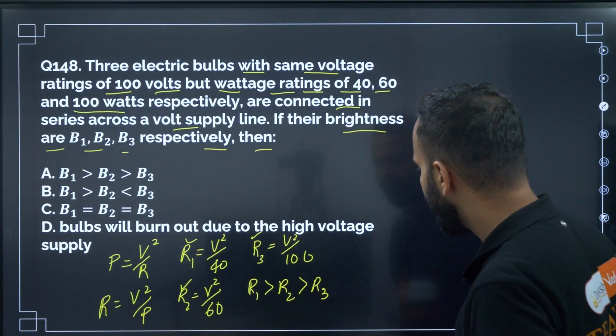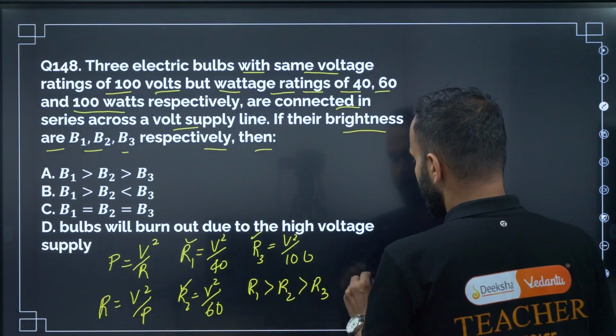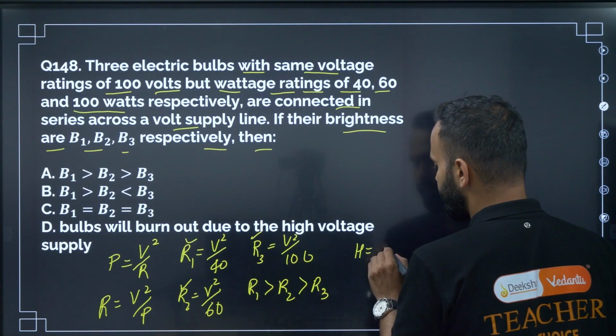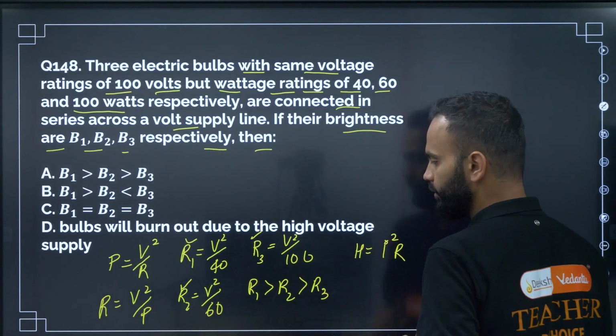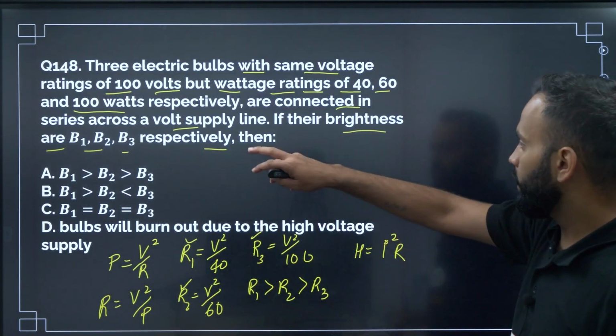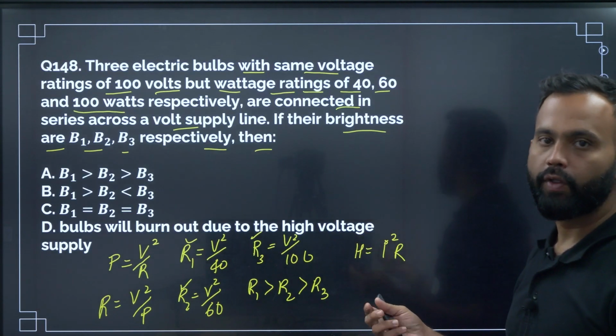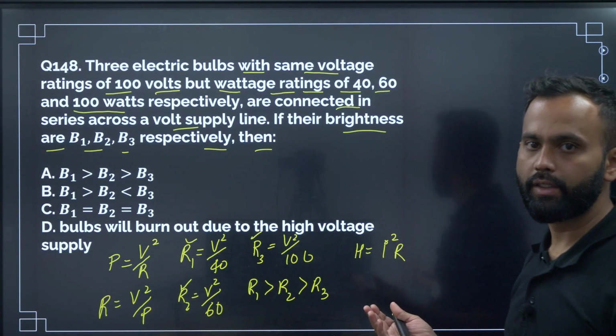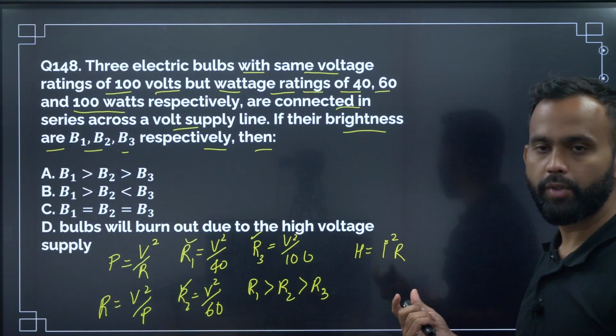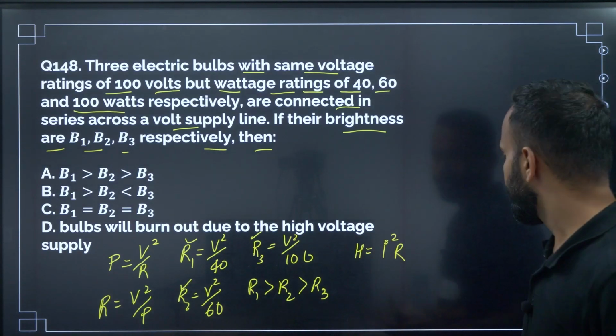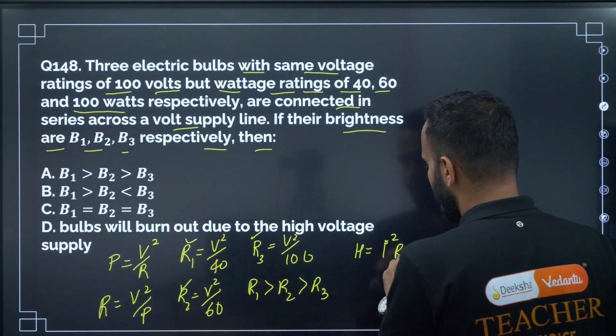So we know that heat produced H is equal to I square into R. All three bulbs are connected in series, so there will be no change in the current. The current flowing through each bulb is the same, so only R is changing.